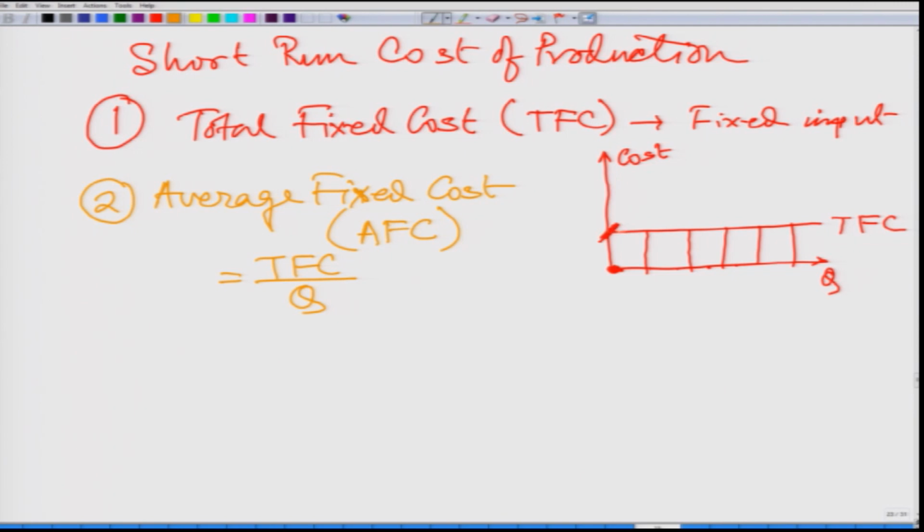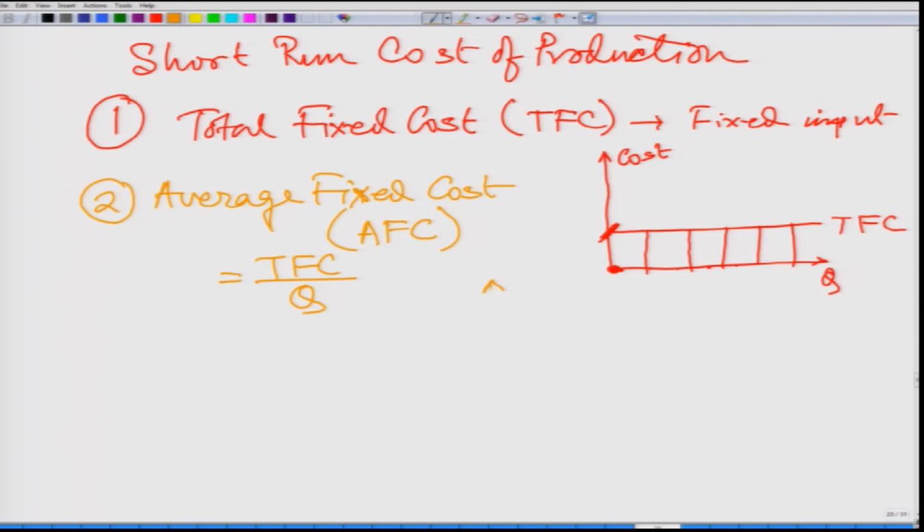Total fixed cost remains constant but the output increases. The numerator remains constant and the denominator increases, so average fixed cost will continuously go down.